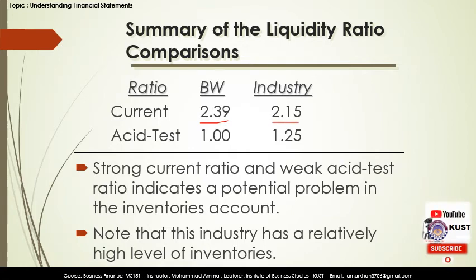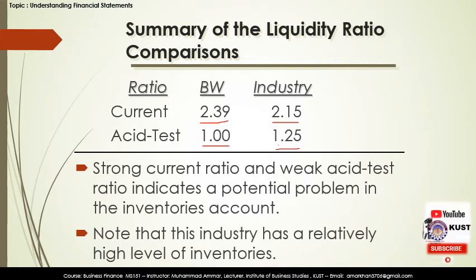It shows Basket Wonder is stronger or better than the industry average. When we find the acid test ratio, Basket Wonder has 1 and the industry average is 1.25, so it's weaker.